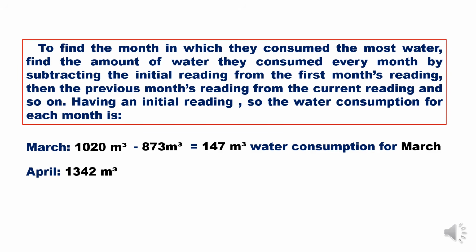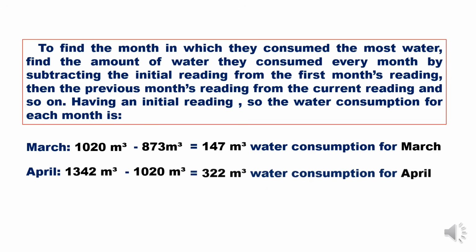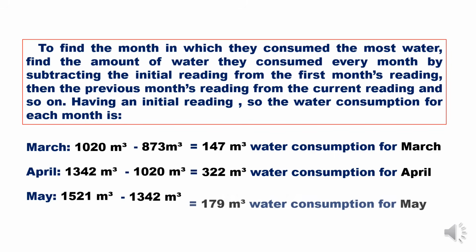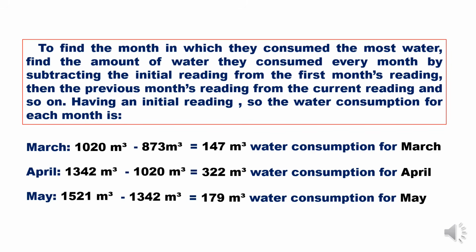Then for April, 1,342 cubic meters minus 1,020 cubic meters, that is for March, equals 322 cubic meters water consumption for April. For May, 1,521 cubic meters minus 1,342 cubic meters equals 179 cubic meters water consumption for May.